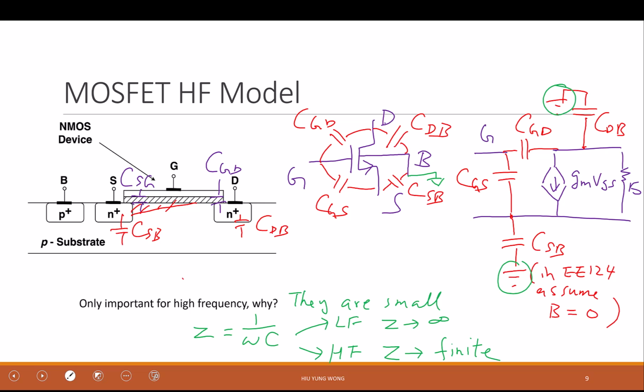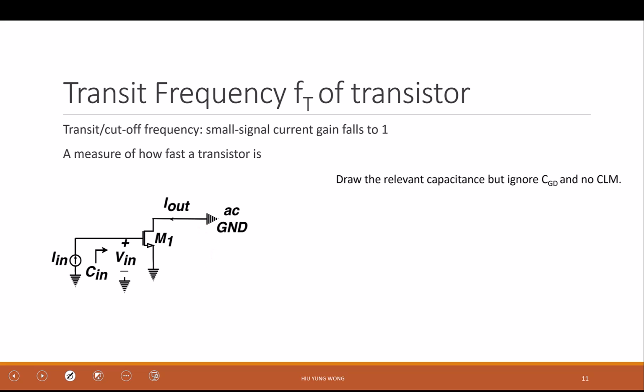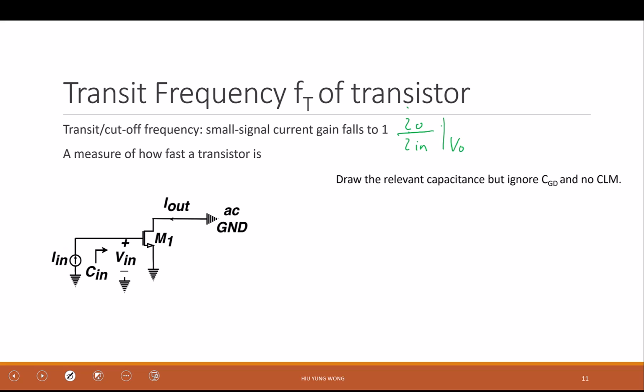You're charging the capacitors, okay? So the transit frequency is the frequency at which I out divided by I in equals 1, okay? But I also need to state the biasing condition: V out equal to 0 means I ground it, right? This is V out equal to 0.